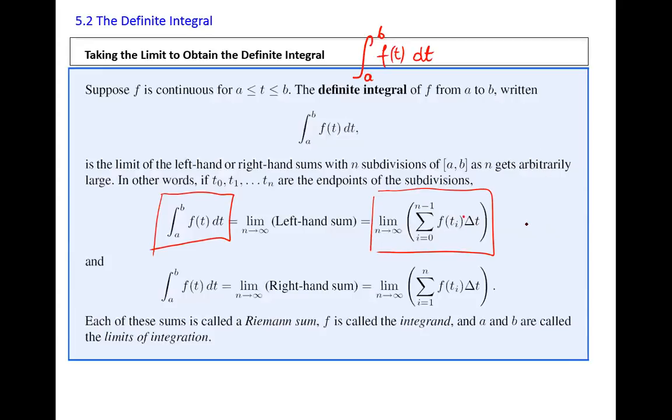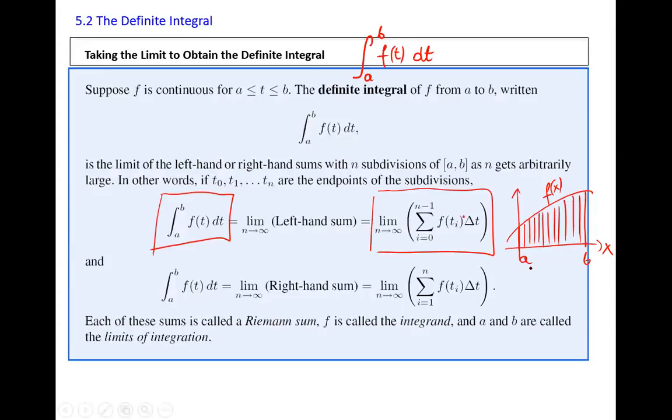If I have my function, and I integrate the function f of x between A and B, I will make my stripes, and then I will use the left or the right hand side, create the rectangles and add them together.